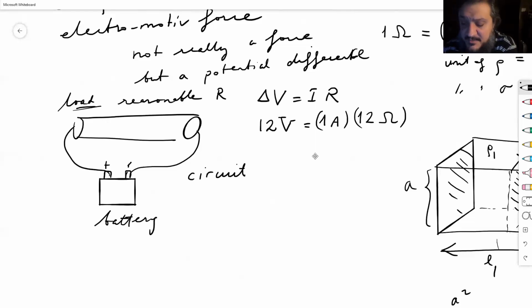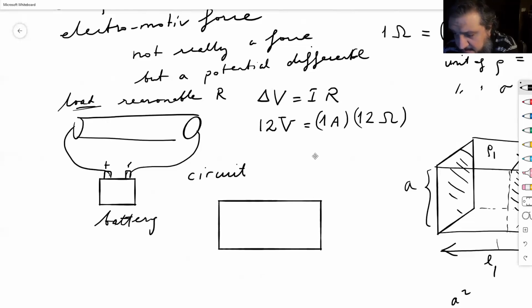So what does this battery do? Now, think of this battery. This is the box. You should have a positive side and a negative side. But what you really want is the current to go like this, in that direction. Remember, if the current is going that way, electrons are actually going the other way.